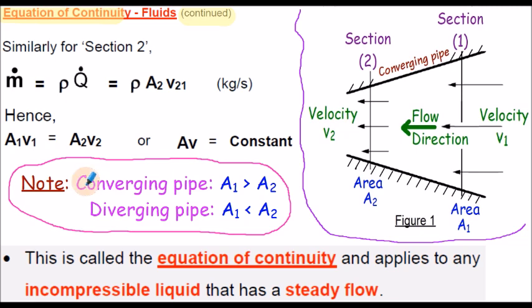A converging pipe, as shown in the figure on the right hand side, will have a diameter at section 1, and thus an area at section 1, greater than the area at section 2. A diverging pipe has the area at section 1 less than the area at section 2. That's just for your reference, because we'll be referring to converging and diverging pipes throughout the rest of the presentation.